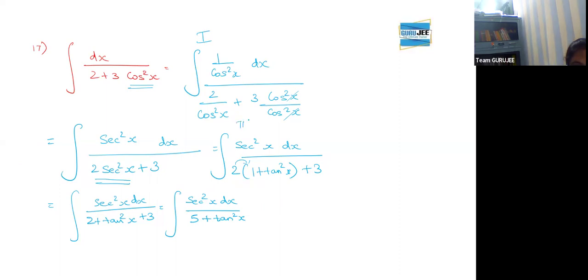Your second step applied. The third step, what will you do? Substitute tan x equal to t. Differential of tan x is secant square x. After differentiating, you will get secant square x dx equal to dt. So this is how we have to replace.